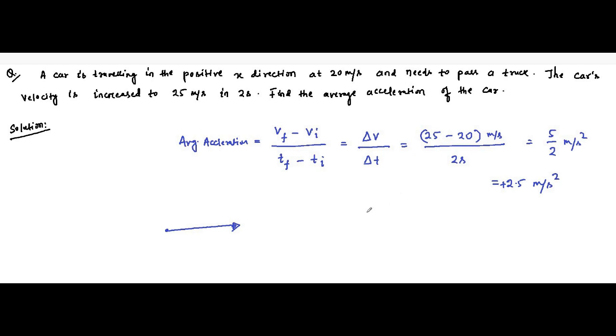So the average acceleration here is plus 2.5 meters per second squared, because the velocity is increasing in the positive x direction. 20 to 25, it increased. If it would have decreased, then it would have been deceleration or negative acceleration.